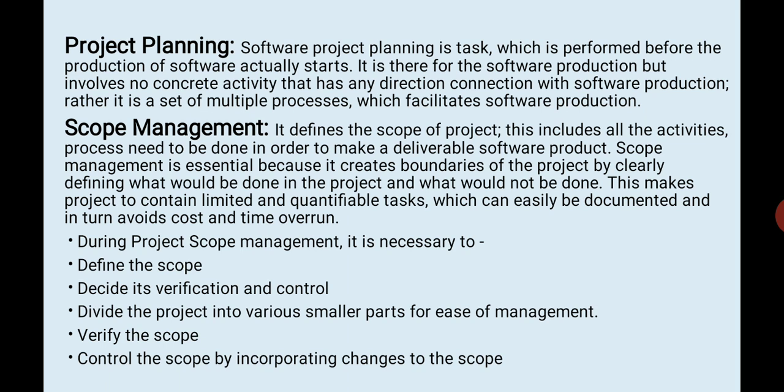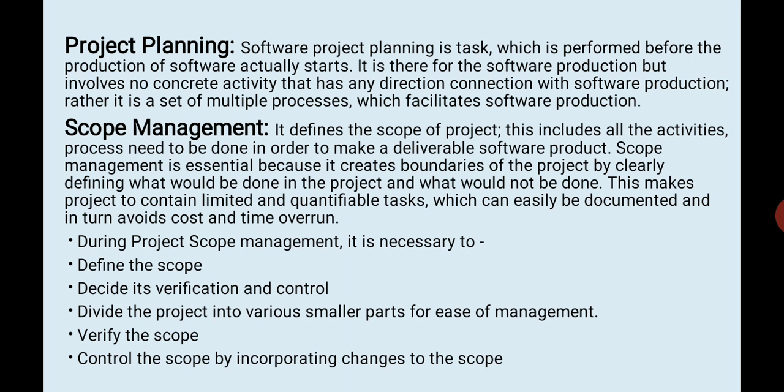Next we come to scope management. It defines the scope of the project. This includes all the activities and processes that need to be done in order to make a deliverable software product. Scope management is essential because it creates boundaries of the project by clearly defining what would be done in the project and what would not be done.